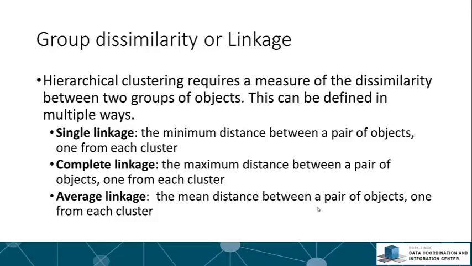First is the single linkage. This simply takes the minimum distance between a pair of objects from each group, and this becomes the measure of the dissimilarity between the groups.